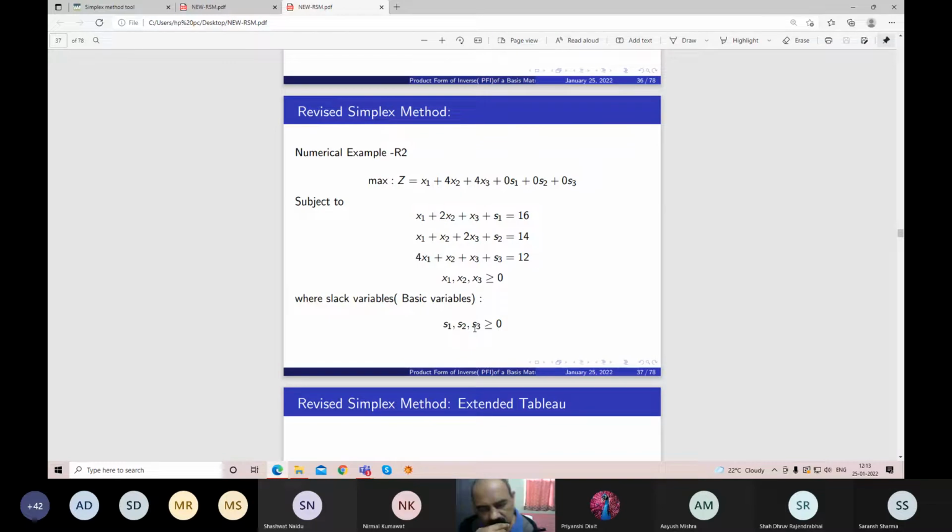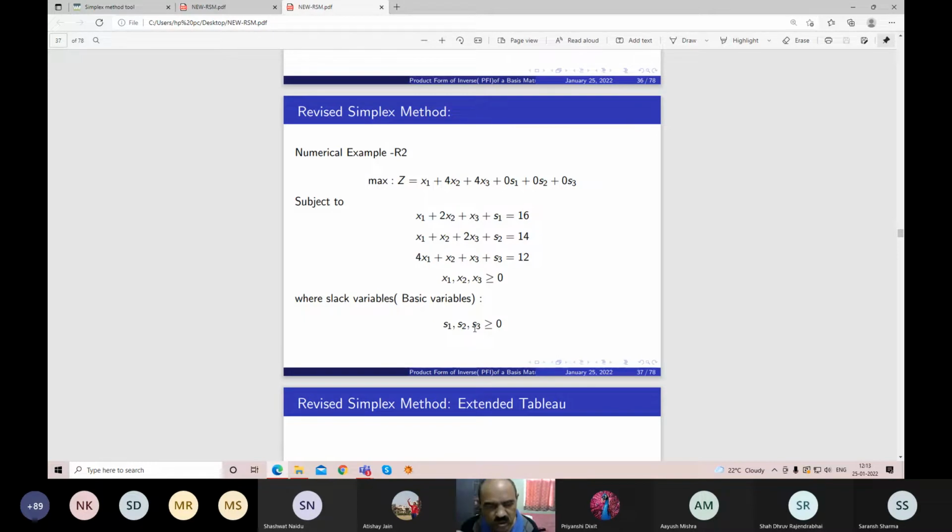Tell me how much it is. 6C3 is 6 into 5 into 4 divided by 6, so 5 into 4. How many ways? 20 ways. So you will find 20 basic feasible solutions.